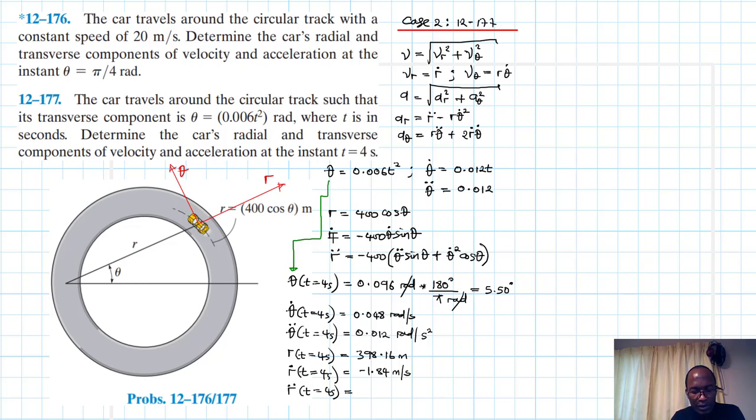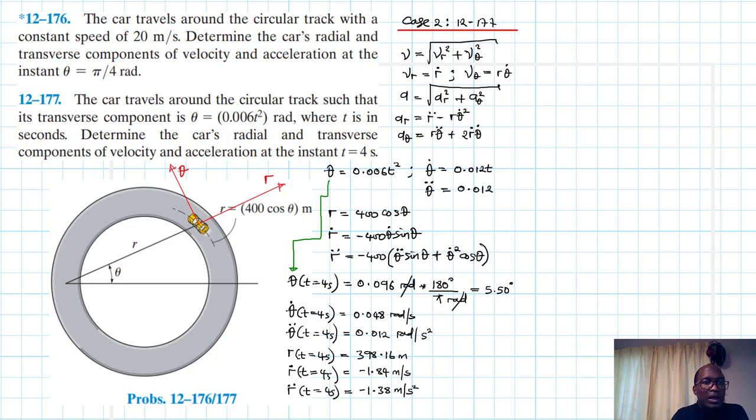Then everything times minus 400. So this we have minus 1.38 meters per second squared. All right, so we found everything.